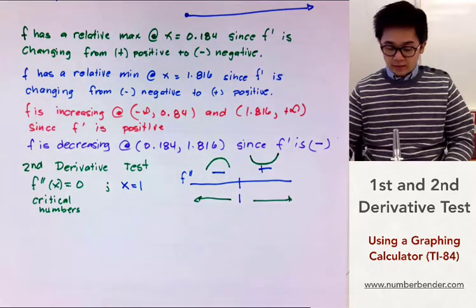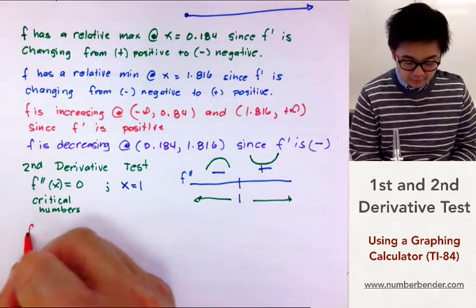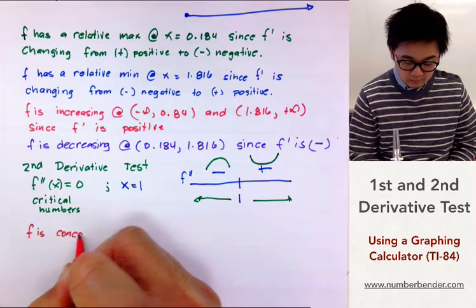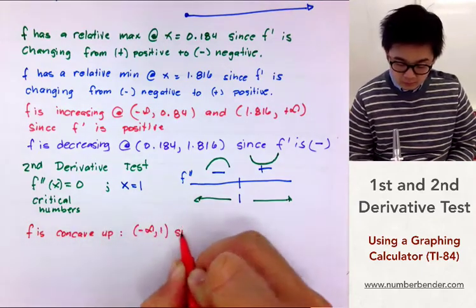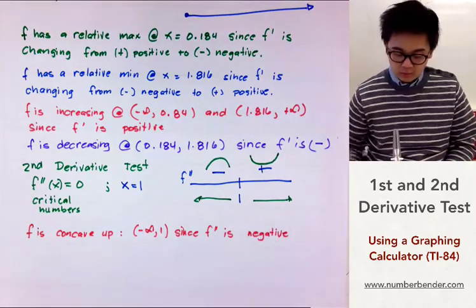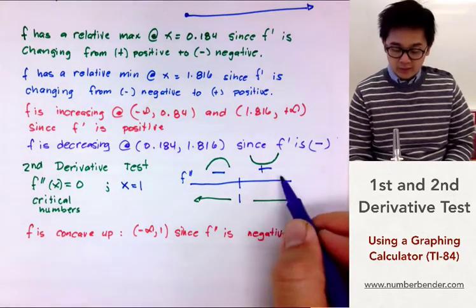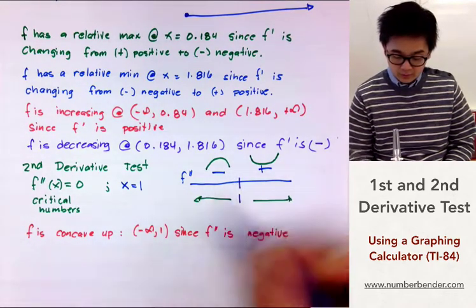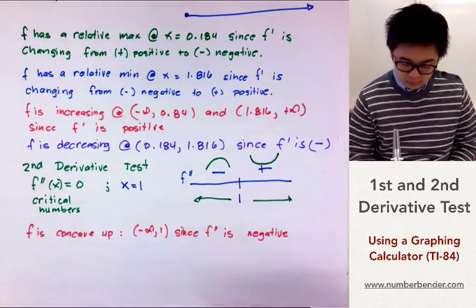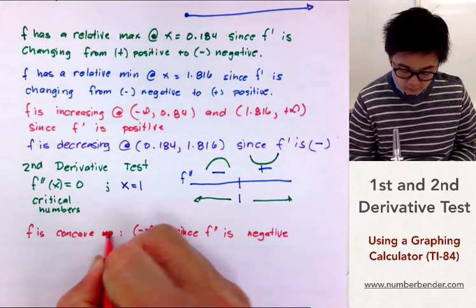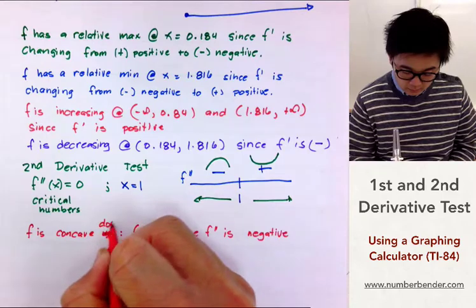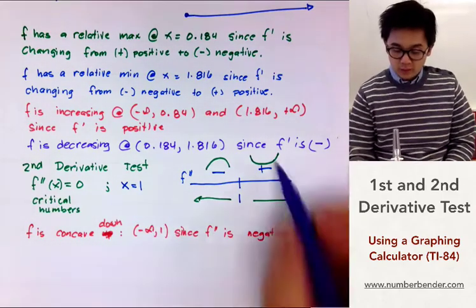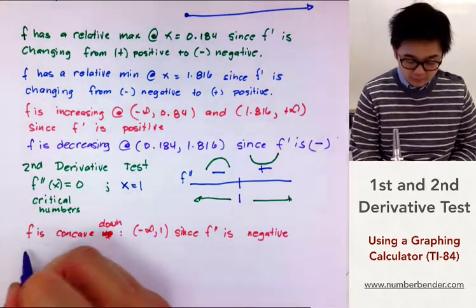So to write our answer, f is concave down, and concave up since it's positive.